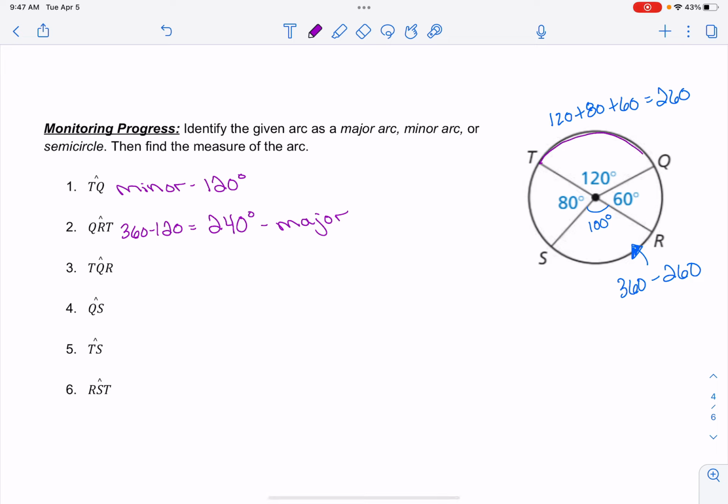T to Q to R, well, that's 120 plus 60, which gives us 180. And 180 is a semicircle.